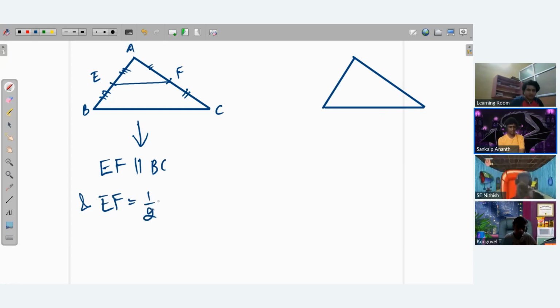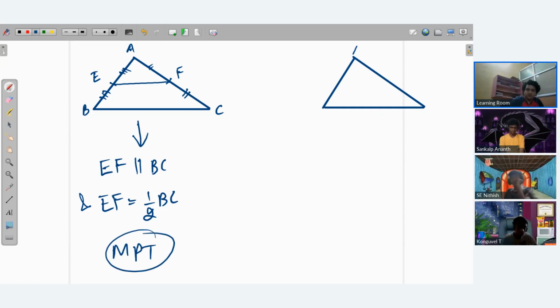Yes, sir. This is called the midpoint theorem. In this case, you have a triangle and you have only one midpoint. If it's parallel, it'll hit the midpoint. So I start a ray from M, the midpoint of one side, parallel to BC.